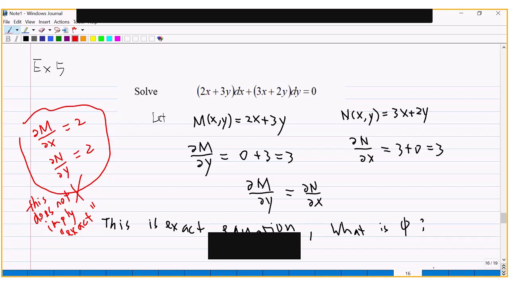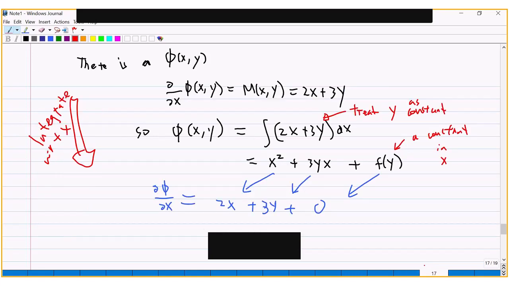Once you know that it is exact already, the first thing you can do is integrate the function. What does the function look like? I don't know. So let's say this is m now. Then integration is just like differentiation. You want to integrate with respect to x, you treat your y as constant. So after integration the constant is a y term.